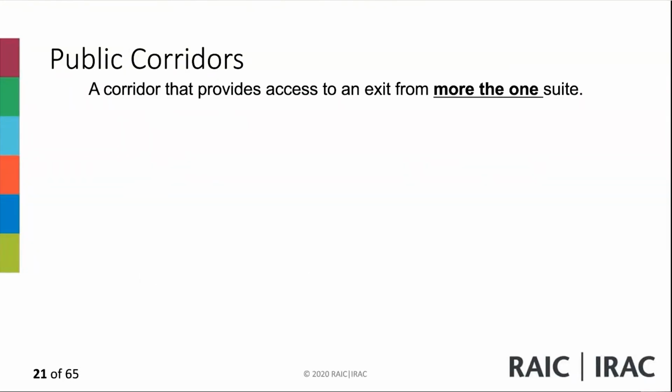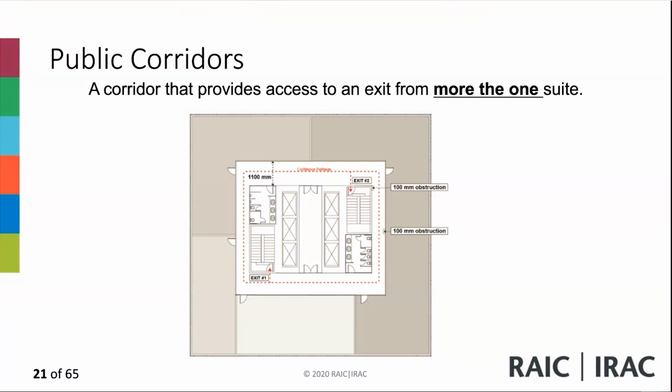So a corridor provides access to an exit from more than one suite. Take a look at this. I've got this suite here and this space, the doors leading to the corridor, and the corridor provides access to this exit and to this exit, and this is the circulating corridor.